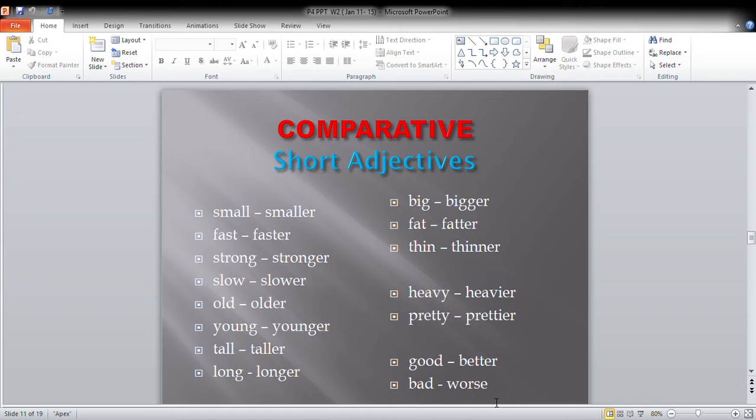So these are the examples of short adjectives we use to compare two objects.